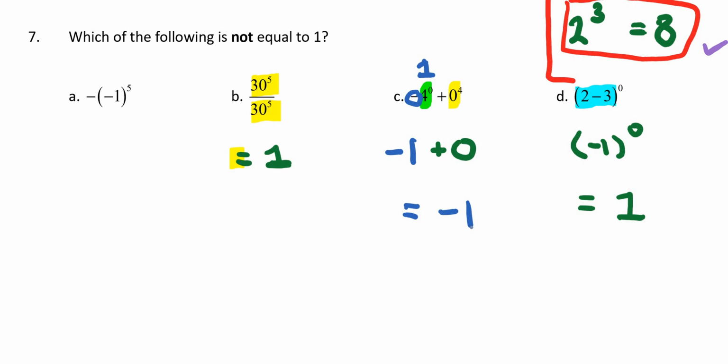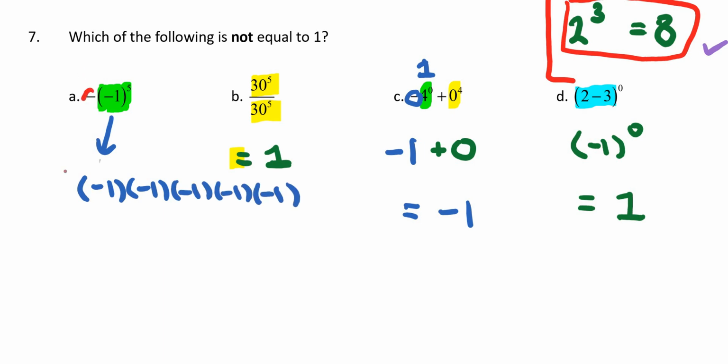C does not equal 1, but let's go ahead and do question number 7a. If I take a look at the brackets here, remember we always do brackets first with BEDMAS. So negative 1 to the power 5. If I think about that in terms of expanding it, that's the same thing as negative 1 times negative 1 times negative 1 times negative 1 times negative 1.